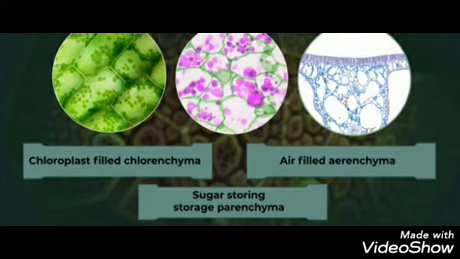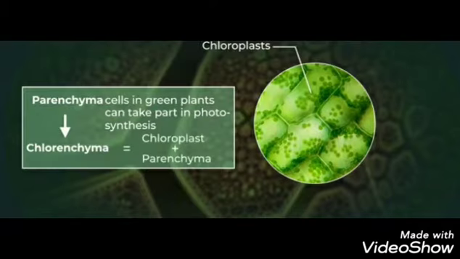Now, based on their functions and the place where they are situated in the plant body, the parenchyma tissues are of three types. The first type is the chlorenchyma. The word chlorenchyma is made up of two words. Chloro is taken from the word chloroplast and enchyma is taken from the word parenchyma.